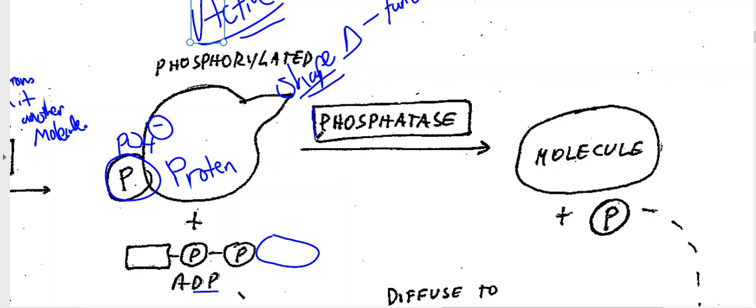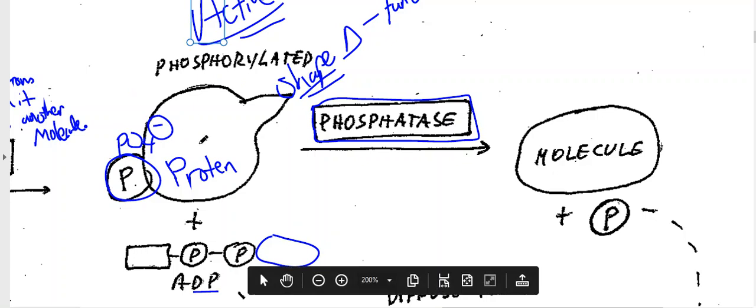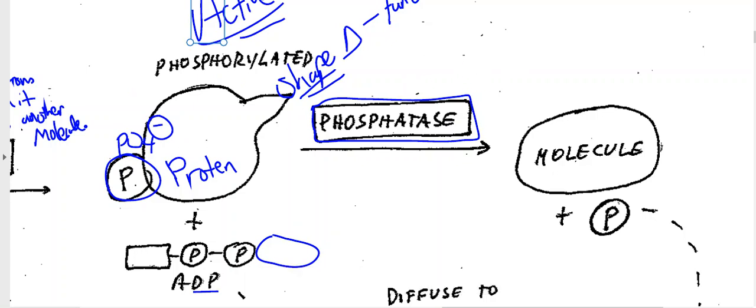And that's going to happen due to phosphatase. Phosphatase, just like kinase, is an enzyme, but its job is to pluck off the phosphate that's stimulating this protein or this molecule, right? So I think I can type over here.